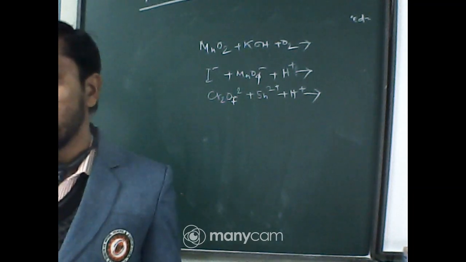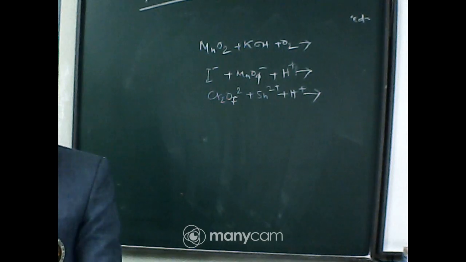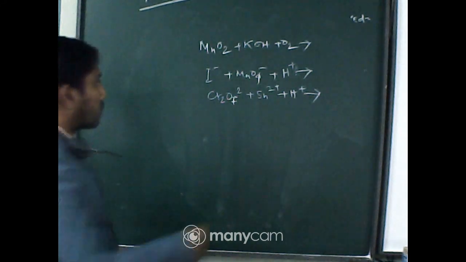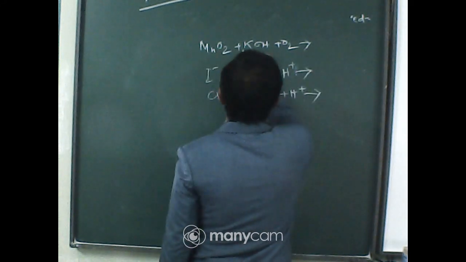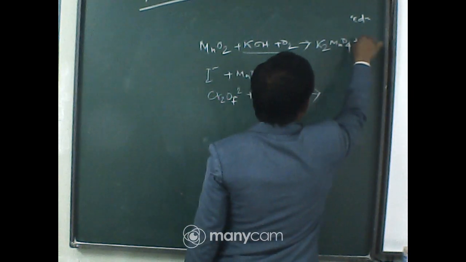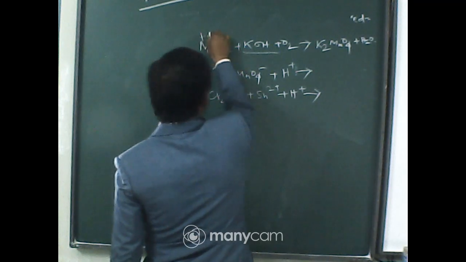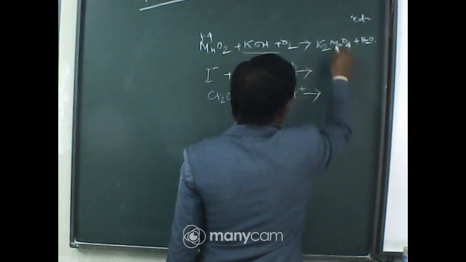So from manganese dioxide, K2MnO4 will be formed, and the other product is H2O. Change in the oxidation state: this is plus 4, this is plus 6.